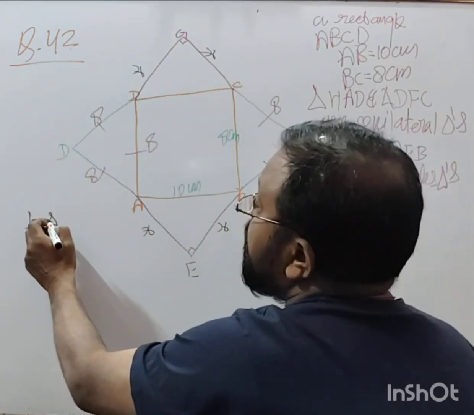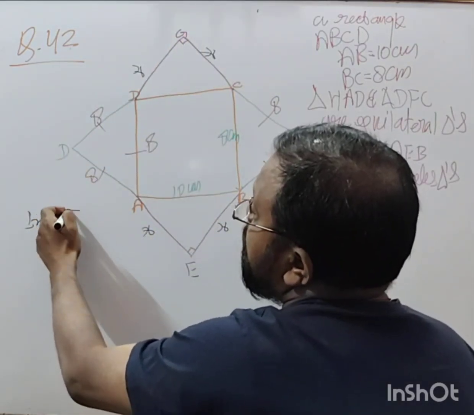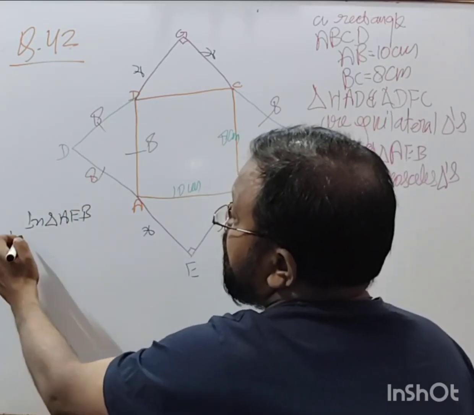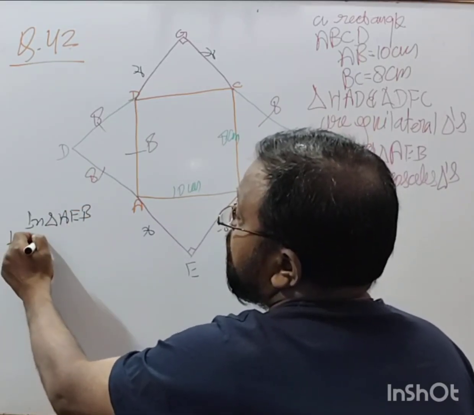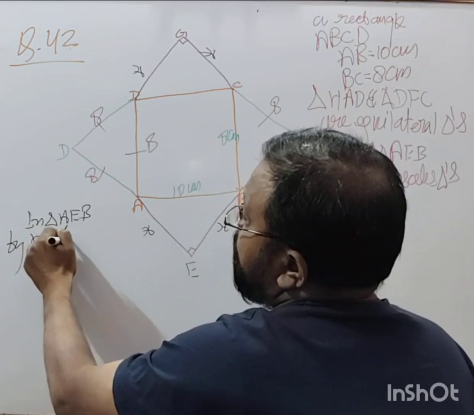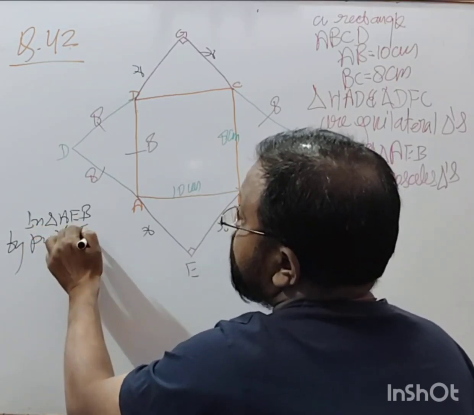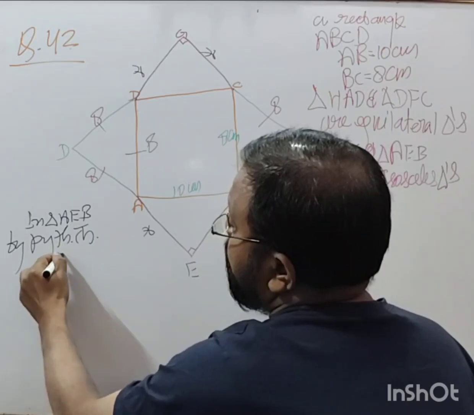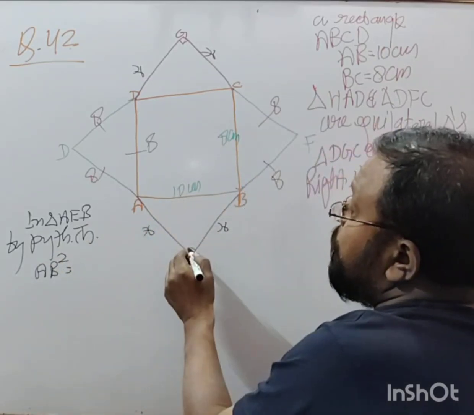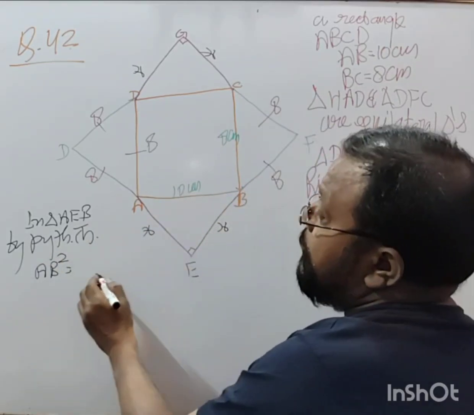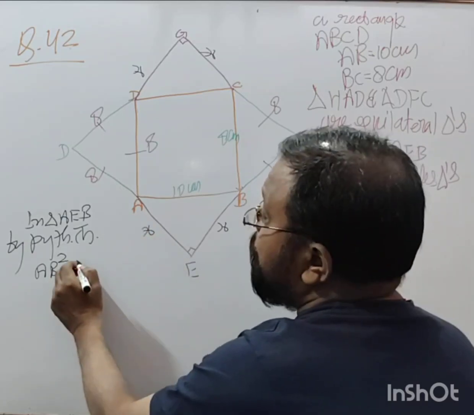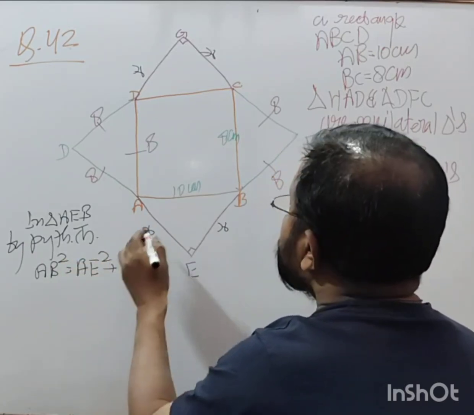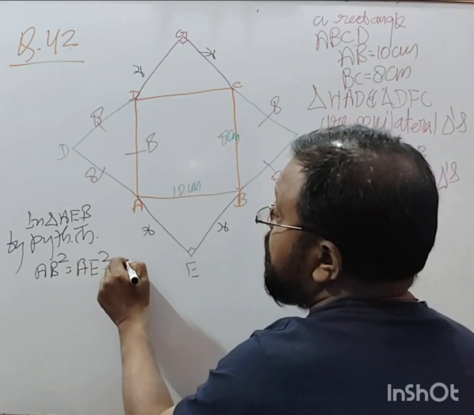In triangle AEB, by Pythagoras theorem, AB square, hypotenuse opposite to the right angle, AB square is equal to AE square plus EB square.